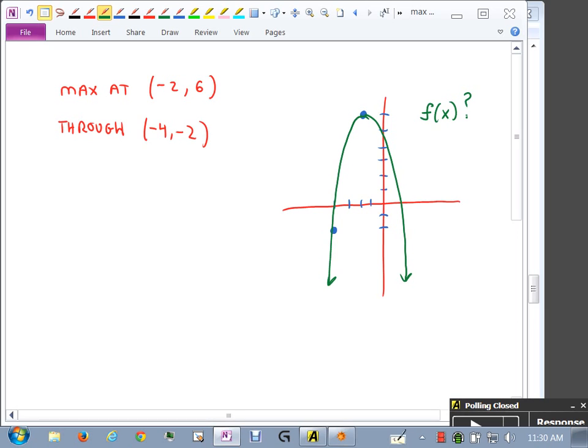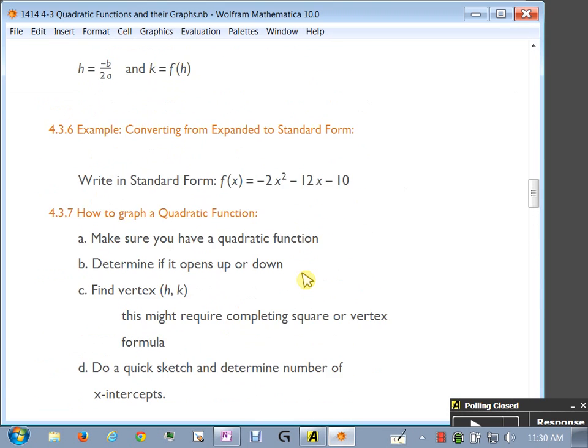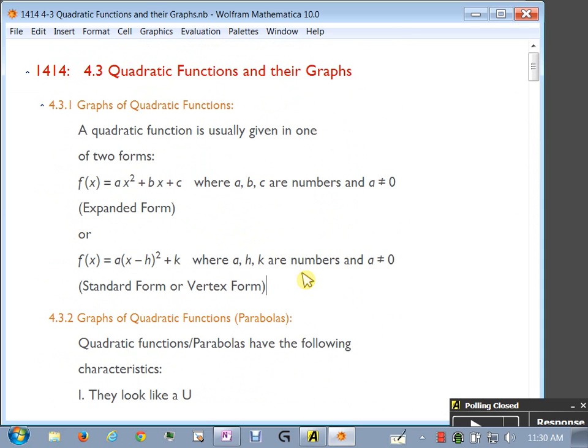Okay, so let's start with this first piece of information. This point right here is a lot of information. What is it? It's the vertex, which the letters we use for vertex were what? h, k. Now, if you go back to the very beginning of this section, we talked about how quadratic functions come in 2 forms, expanded form and standard form. The standard form was when you knew what h and k were, right? And we actually do know what h and k are.